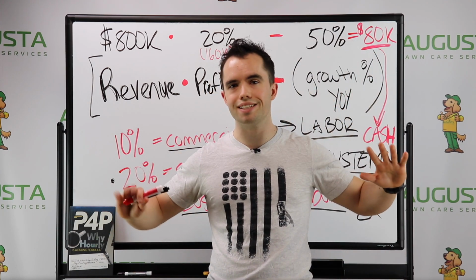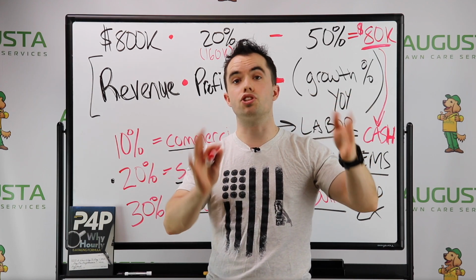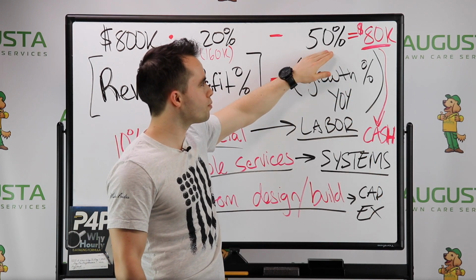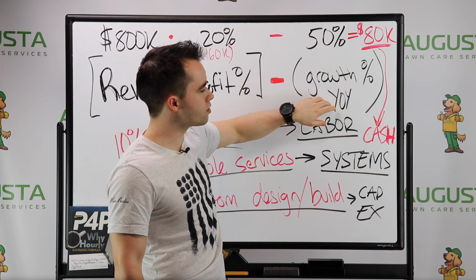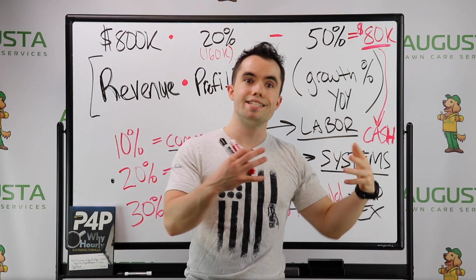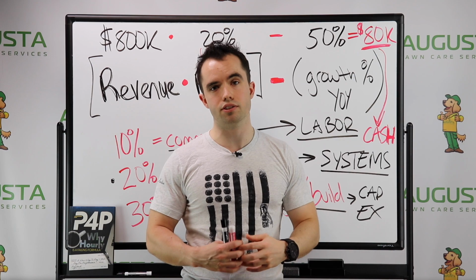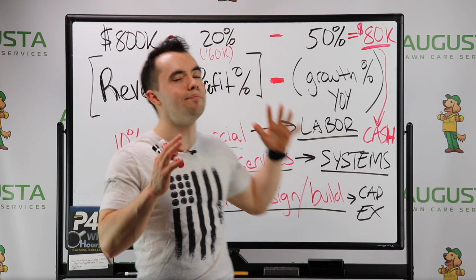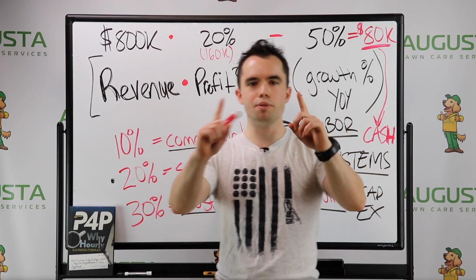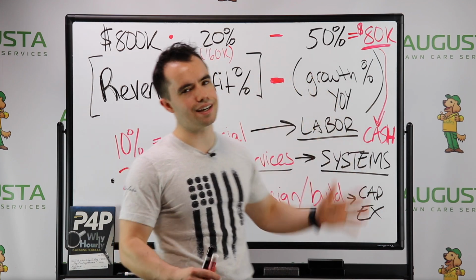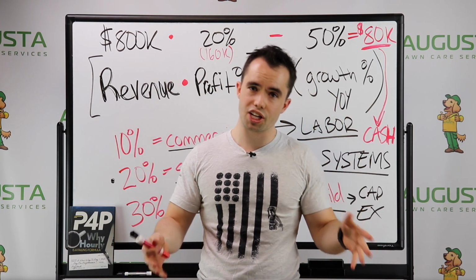So this is always why I say years 3 to 5 is when you start to see profit, because you're going from 100%, 150% year-over-year growth down to 20, 30, 10, 5% year-over-year growth. That is absolutely where you're going to maximize your profits, simply because growth will no longer be sucking a large portion of your cash.